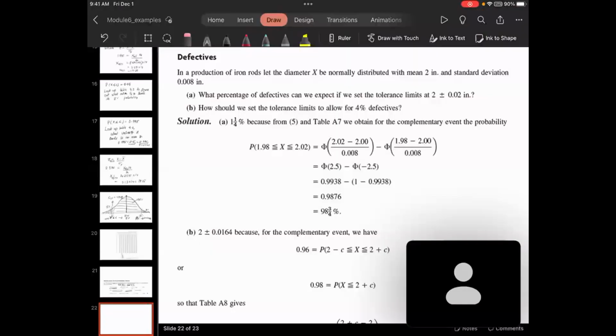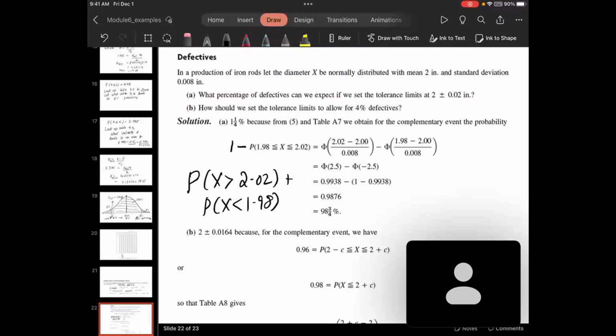All right, I'm back. So what percentage of defectives can we expect if we set the tolerance limits at 2 plus minus 0.02 inches? Anything less than 1.98 and anything more than 2.02 is considered defective. Calculating the probability of x greater than 2.02 plus the probability of x less than 1.98 is the same as finding the probability of x between 1.98 and 2.02 and subtracting it from 1.